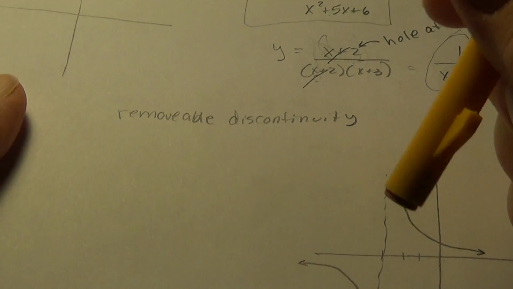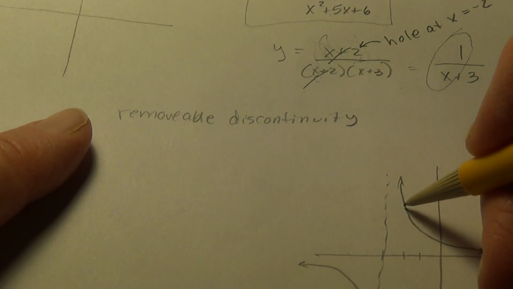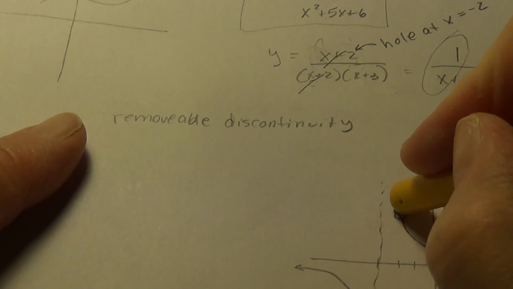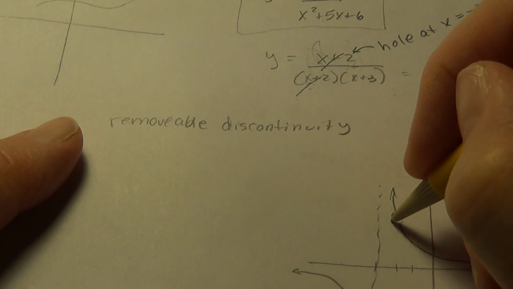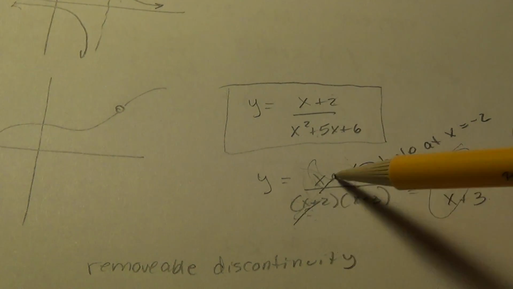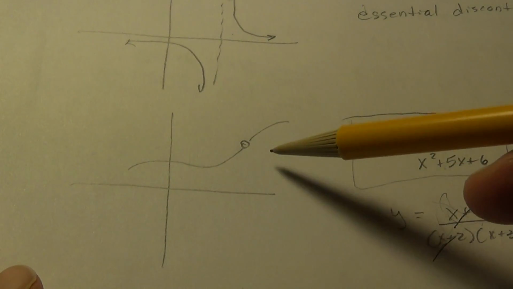So at x equals minus 2, I have to rise or fall until I reach the function, and I put a hole in there. So I can't have this value. It's a hole. And that's called a removable discontinuity. I guess because we can remove it by canceling like that. But anyway, that's its name.